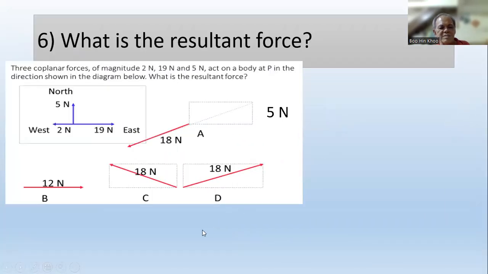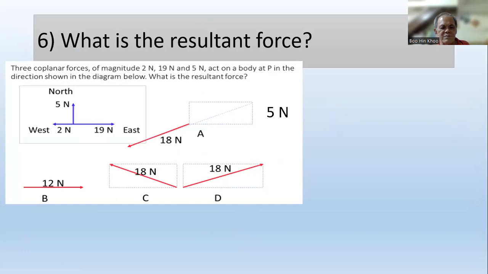Okay, what's the resultant force? 3 coplanar forces of magnitude 2 Newton, 19 Newton, and 5 Newton act on the body at P. That's your P here, in the directions shown in the diagram below.